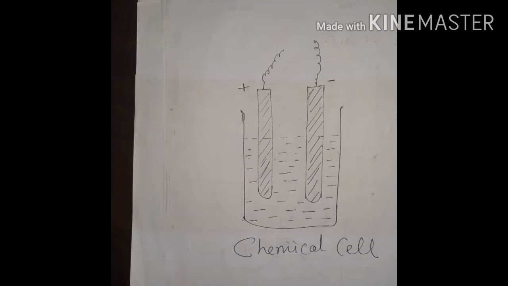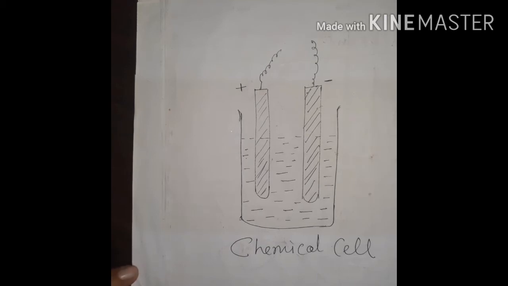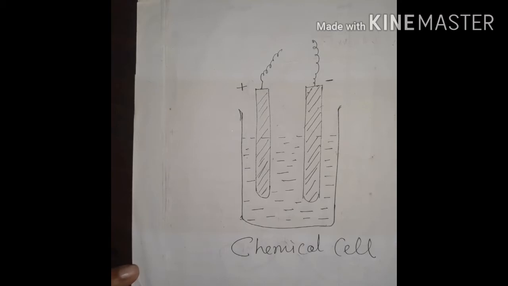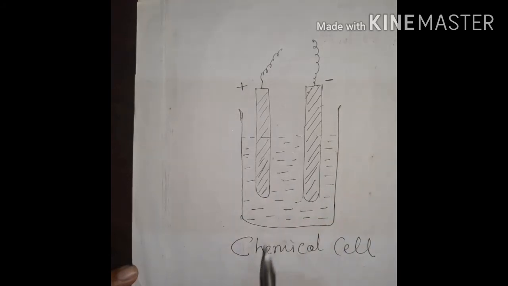what is internal resistance. This is mainly a part of chemistry, so we are not going very deep into the idea of the cell and its different properties, because the main theme of this lecture is to discuss the internal resistance of the cell.